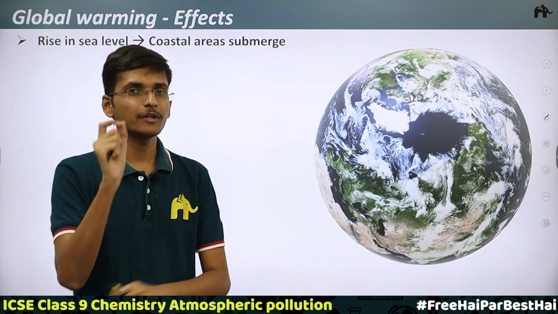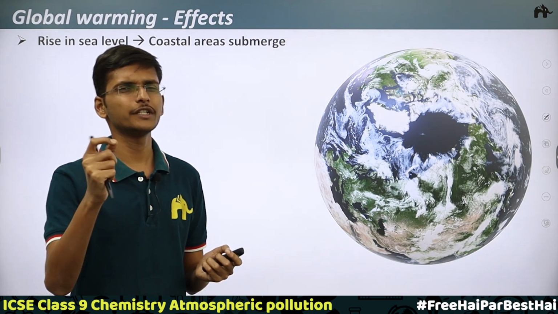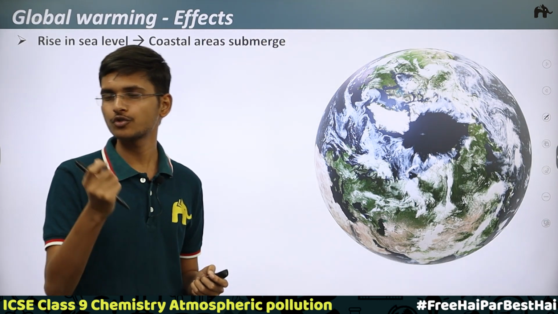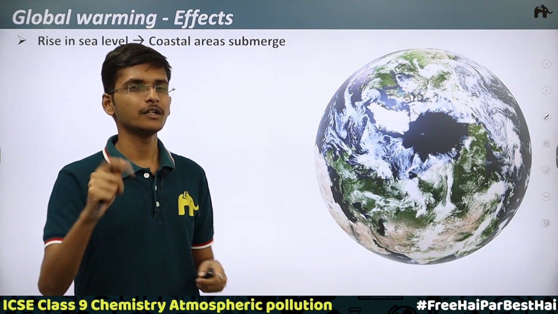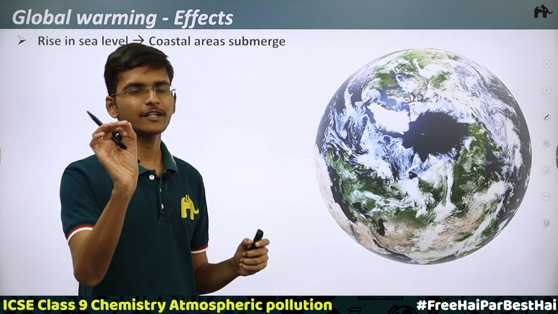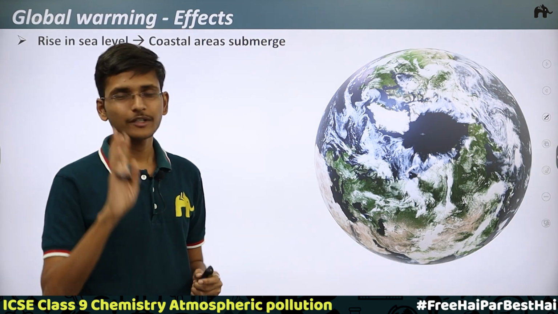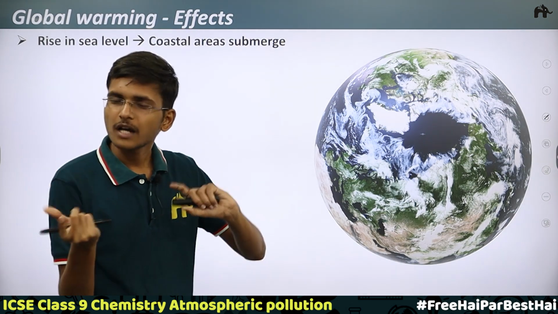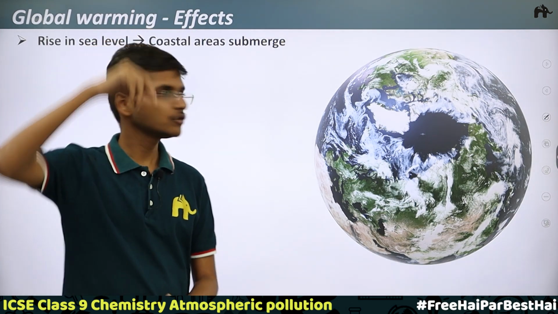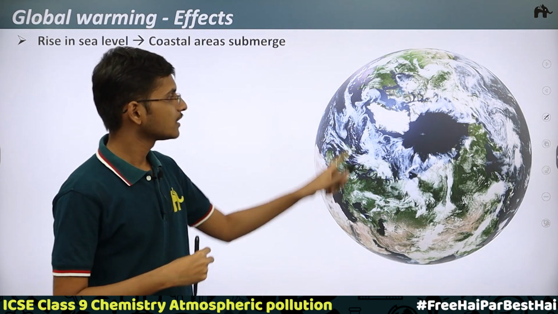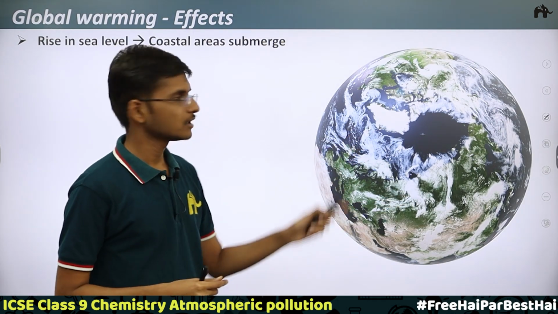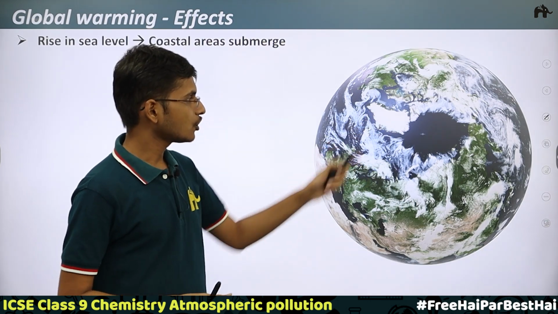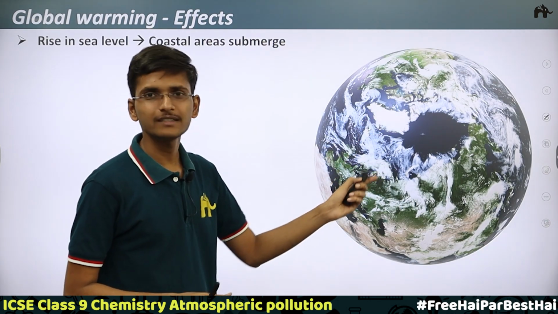Hear it carefully, because you would need to think a bit, or you would also need to have some information or slight knowledge about geography as well. My question is, we have ice on the North as well as the South Pole. This is the North Pole, where the Arctic Ocean is, and here we have this ice.